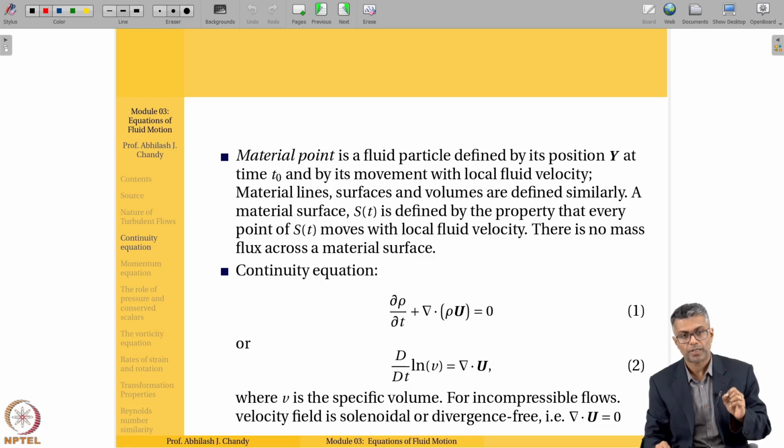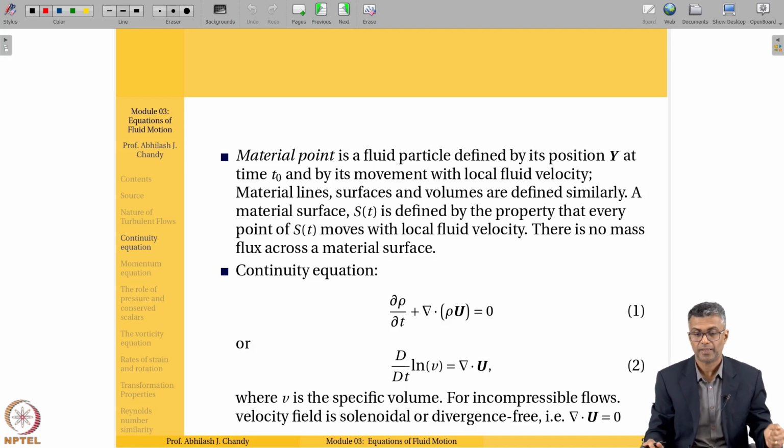One more point that I want to make here is related to the material point. So a material point is a fluid particle itself, which is defined by its position y, again a vector because it has 3 components, at time t0 of course because the position is changing, and by its movement with the local fluid velocity.